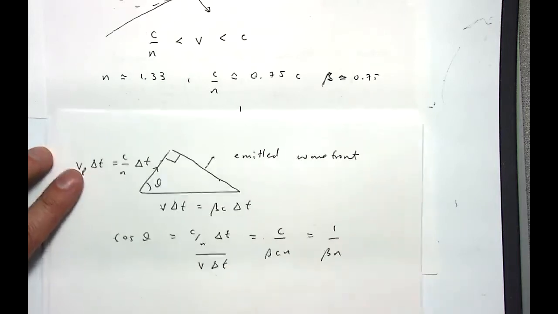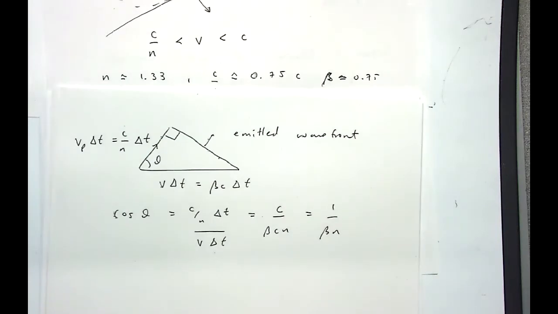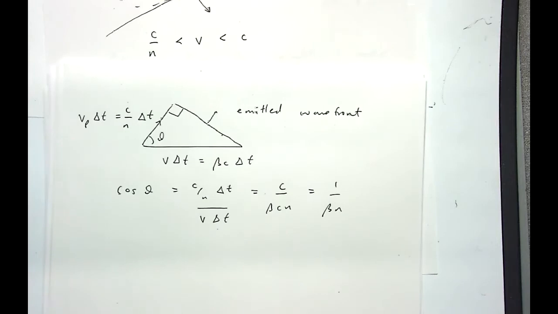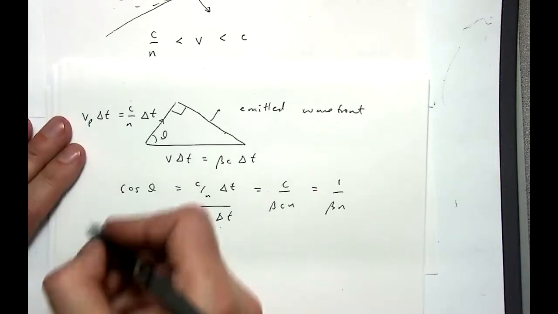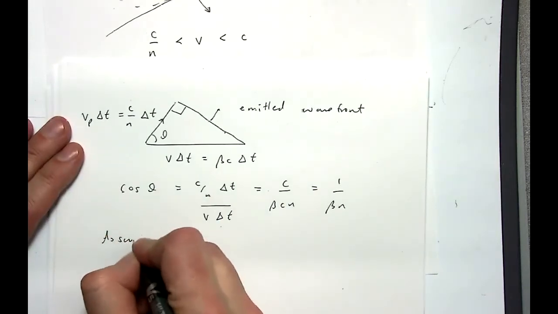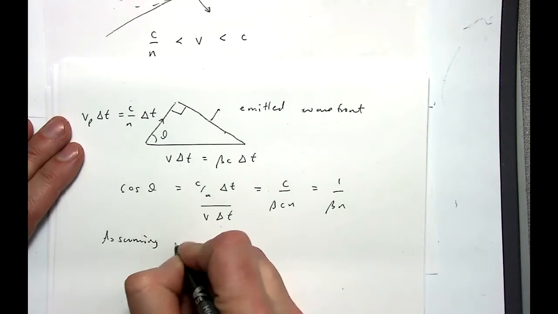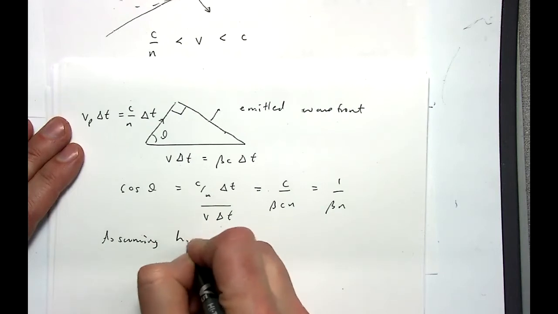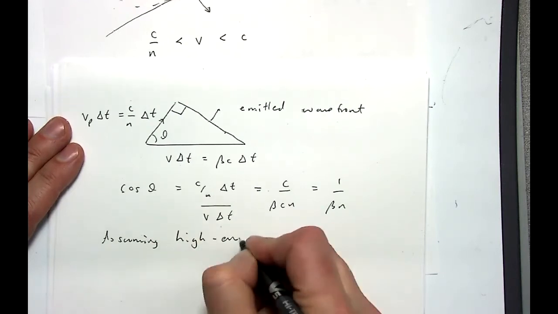So you can see again how the velocity of the charge required to give a shock wave depends on the refractive index n. Let's assume one end of the scale, some high energy particle. What do we mean by high energy particle?